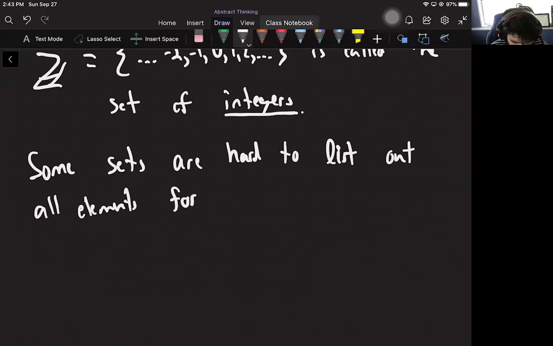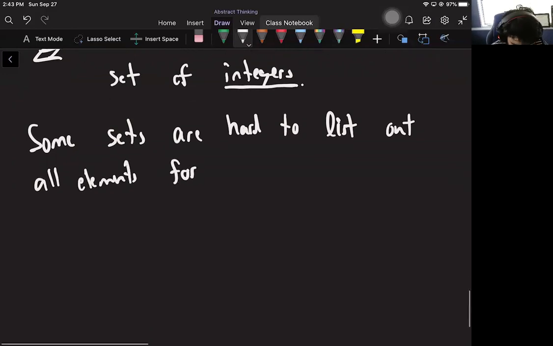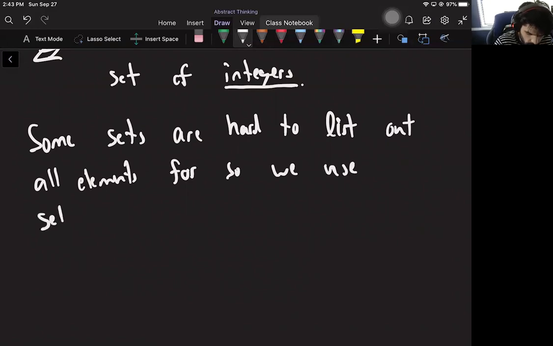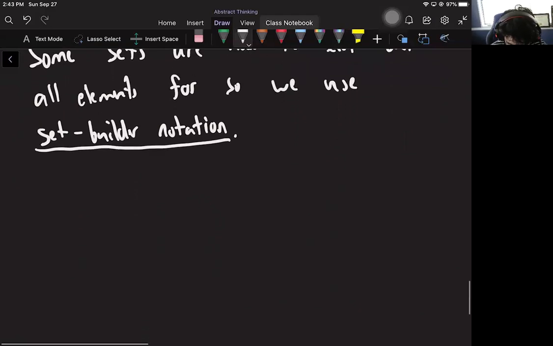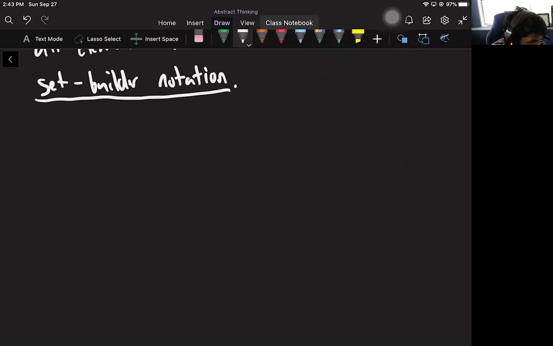You cannot list all the elements, but they still are sets. So we need another notation, and it's called set builder notation. I guess because you build the set out of smaller pieces. I don't know. But here's how it works.